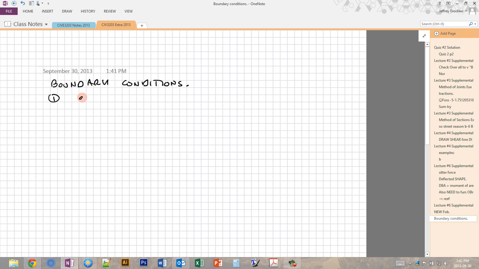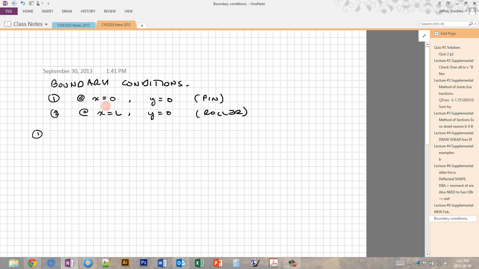So boundary condition 1 is x equals 0, y equals 0, and boundary condition 2 is x equals L, then y equals 0. So this one is the pin, and this one is the roller.